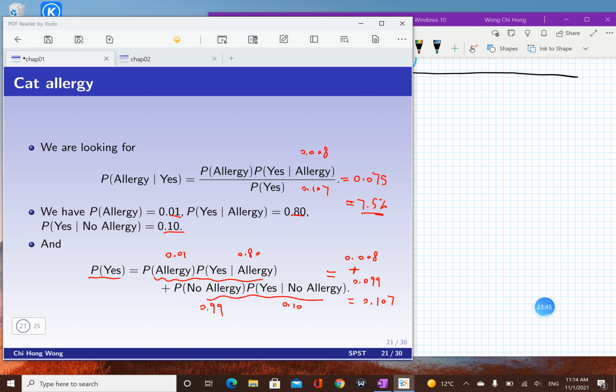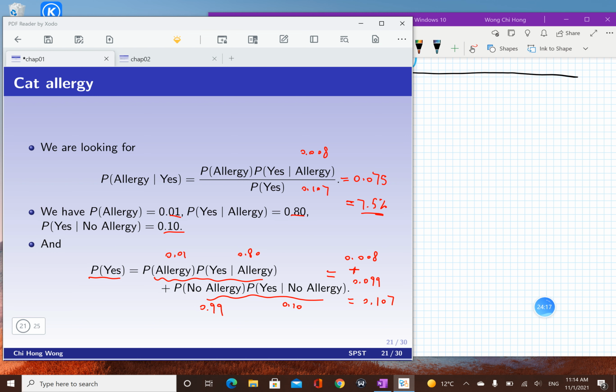So it's like 7.5%. Is that a lot? Is that a high probability here? If you have a positive result from a medical test, it's a 7.5% chance that you do actually have the allergy. That's not a lot, is it? Normally, you would believe these medical tests, and if it says yes, you think that you have the disease or whatever.